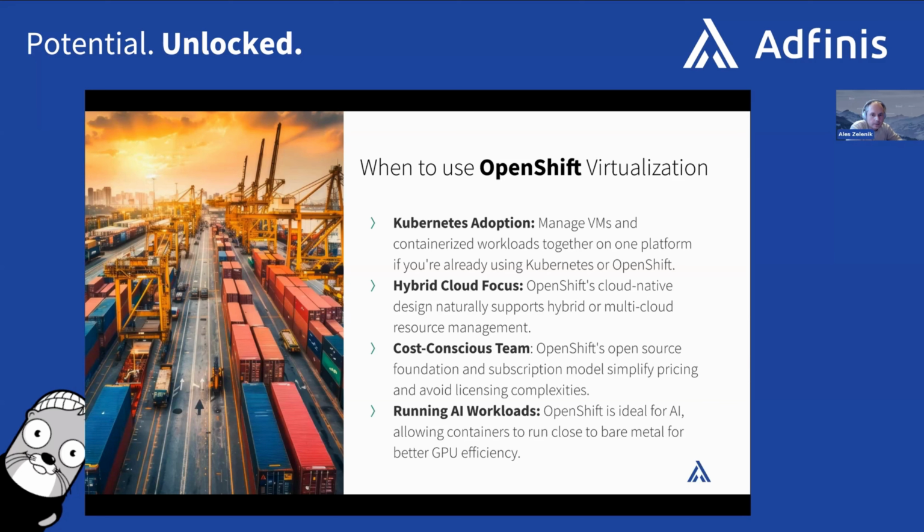You can do that very gradually. You can start with OpenShift Virtualization Engine, which is a new product that was released in the last year. What it allows you to do is execute your VMs on the OpenShift Virtualization platform.